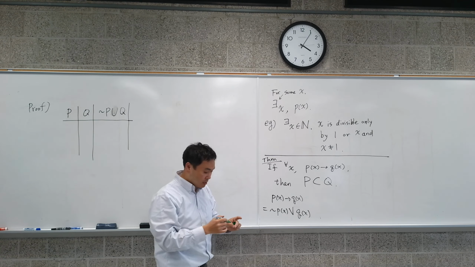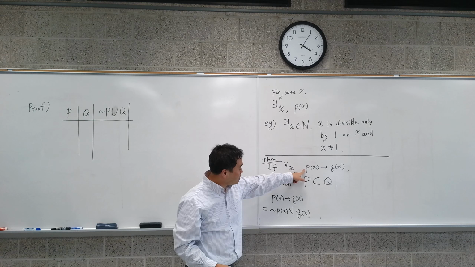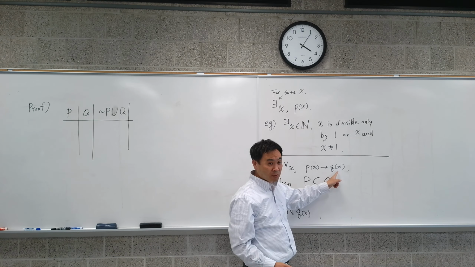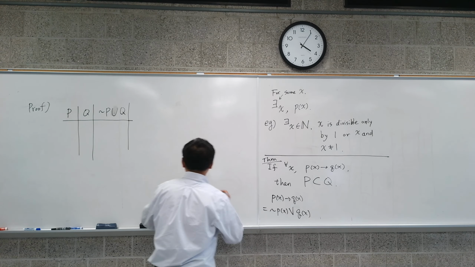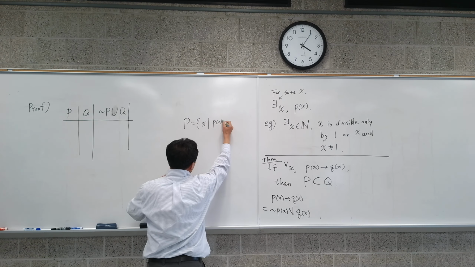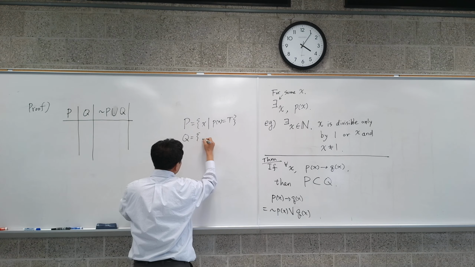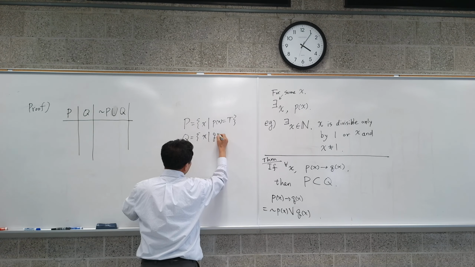Does that make sense? If p is the truth set for px and q is the truth set for qx, okay. So I'm saying p is all the x's that make px equal to true, and q is all the x that makes qx equal to true.